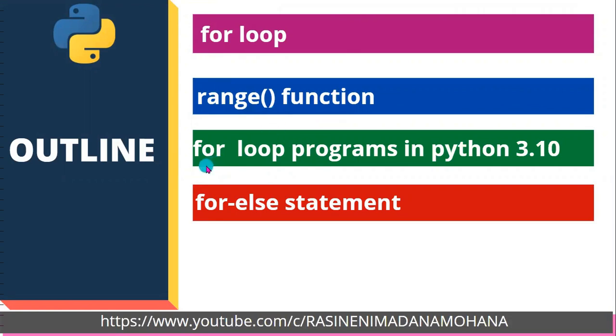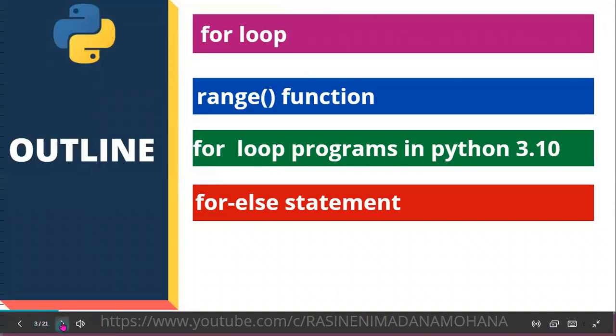Then let us see some example programs in Python using a for loop followed by the range function. Finally, like while else, here also we have one statement for the combination with else, that is called the for else statement. Let us see one by one.